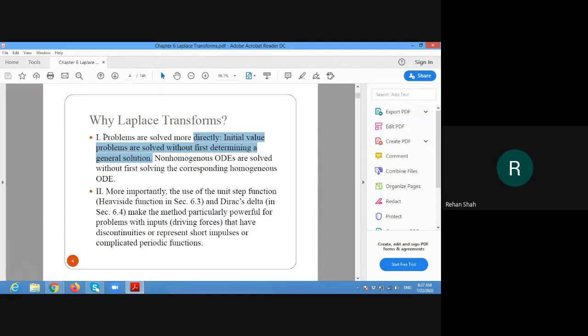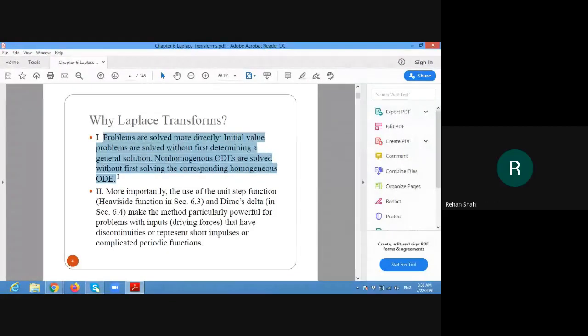So this is the advantage. The calculation in the Laplace transform, compared to the other methods, is very little. It is not computationally expensive. The Laplace transform is easier than the other methods we have studied in previous chapters. Is it clear? This point is clear now?